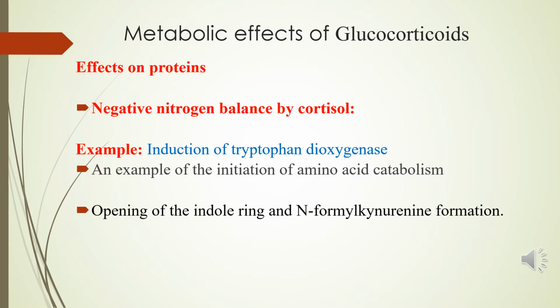Tryptophan is an amino acid, and to be degraded, tryptophan needs an enzyme which is tryptophan dioxygenase or tryptophan pyrrolase. This enzyme incorporates oxygen and opens the indole ring and forms N-formylkynurenine. And this is the starting process of amino acid tryptophan catabolism.